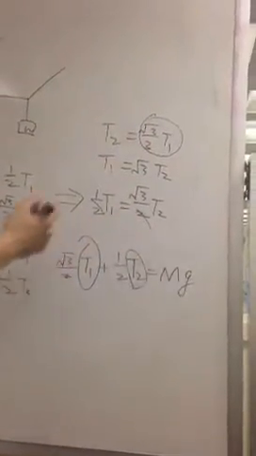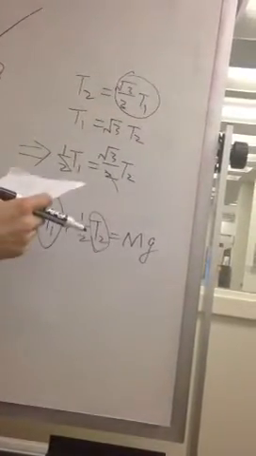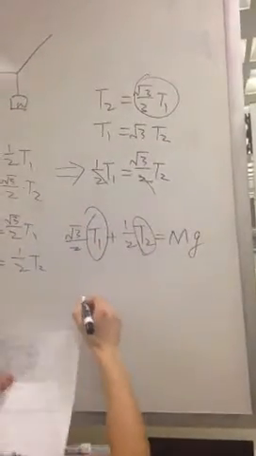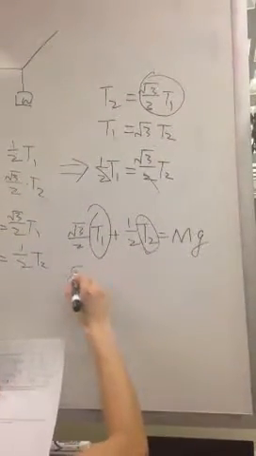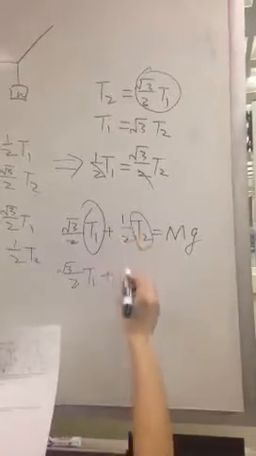T2 is equal to how many T1. So you put everything here.